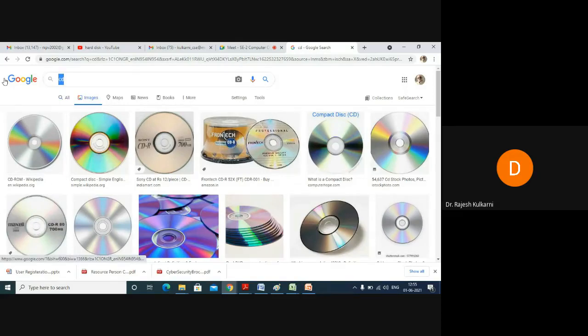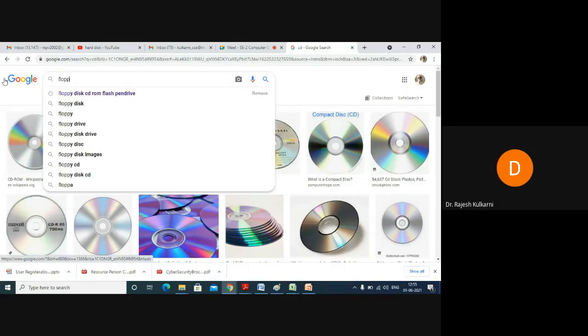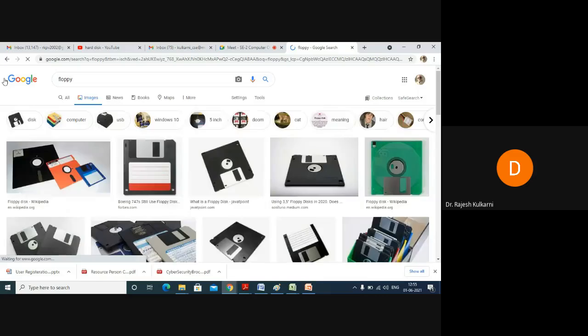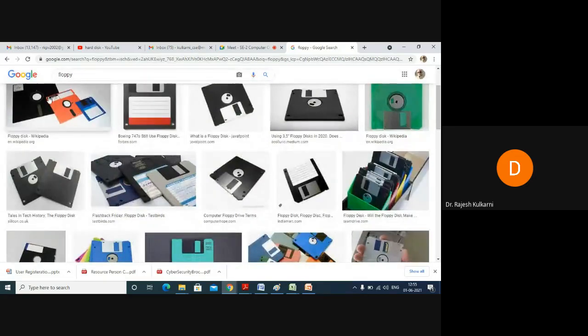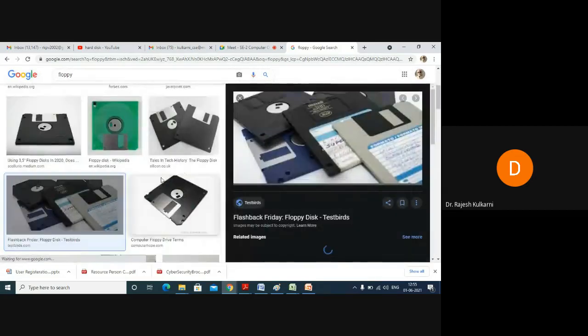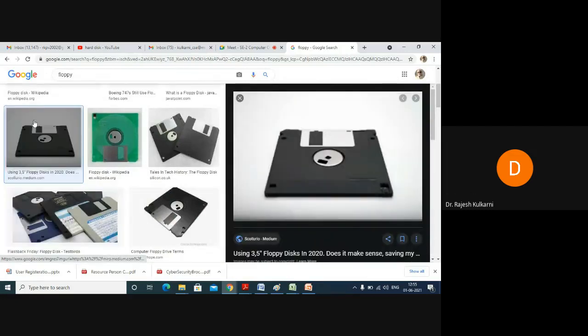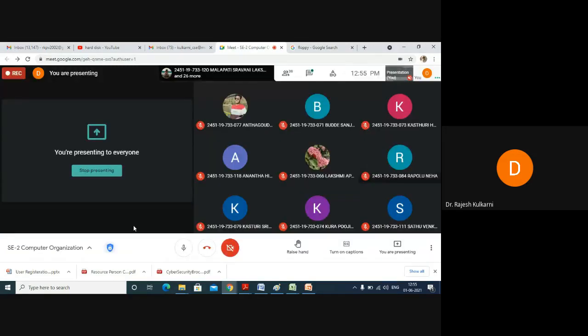But if I ask you, have you seen a floppy? What will be your answer? Have you seen this? Yes or no? Okay. Maybe a few of you might have seen, but I know that the maximum of you have not seen it.